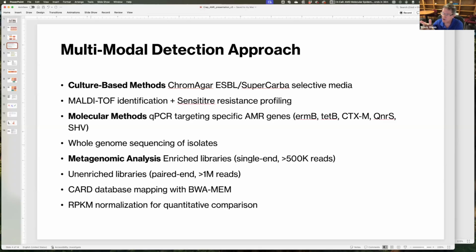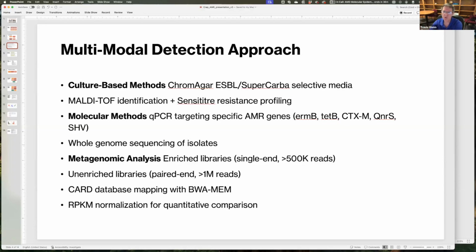Then we did shotgun metagenomic analysis of each of the samples. And then we took that same library and enriched it for all of the resistome genes. So everything that you could find in CARD as of several years ago, we made baits to that entire set of genes.